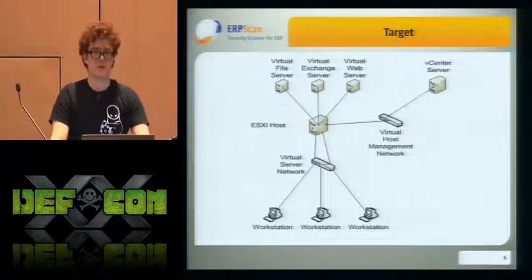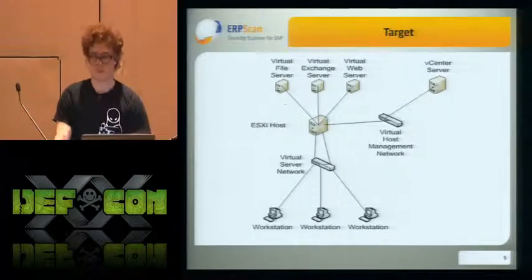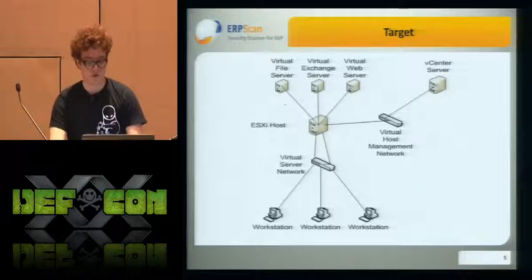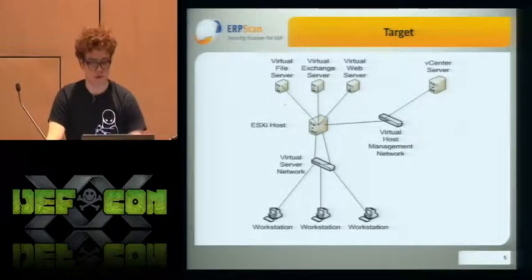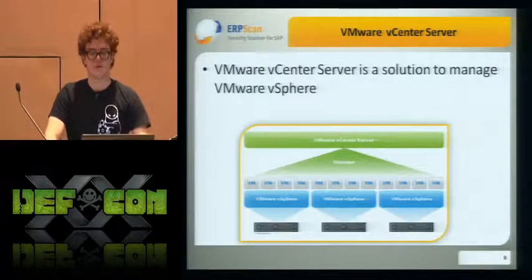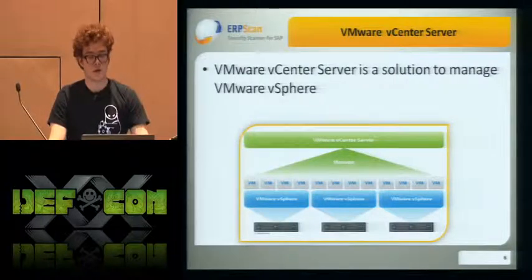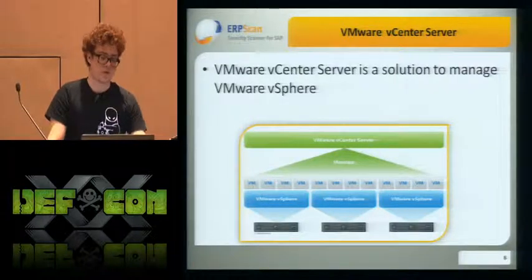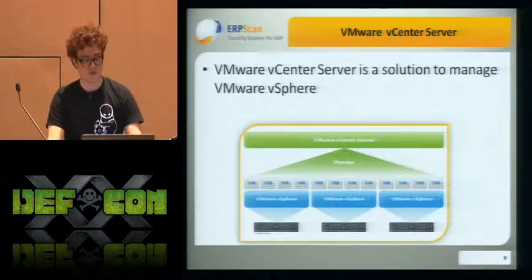All seemed pretty secure, all patched up with the latest updates. There was no default password or anything stupid, so we decided to attack the vCenter server, because vCenter is the solution to manage vSphere. If we can hack vCenter, we can hack all the VMs and all the infrastructure.